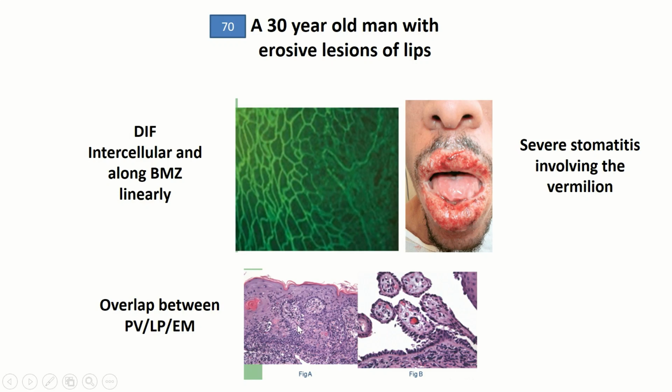Here in histopathology, there is intraepidermal bulla formation and findings that overlap between pemphigus vulgaris and lichen planus, and these findings in association with intercellular and linear deposits along the basement membrane zone are indicative of paraneoplastic pemphigus.